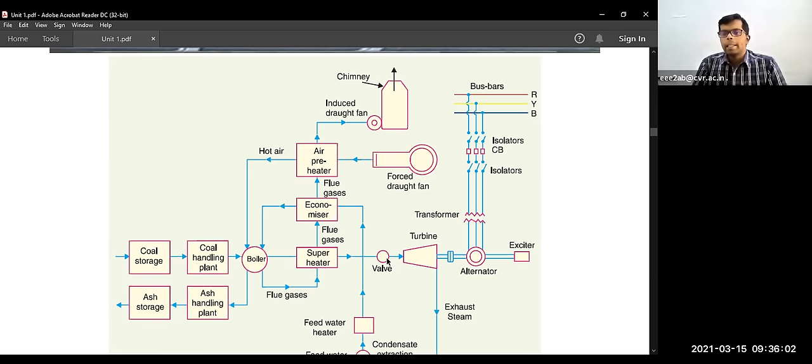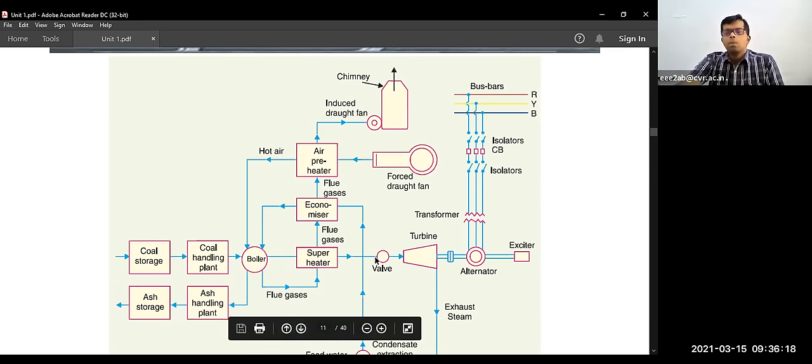Our demand is at the outlet, like the load on the bus. For example, say 1200 megawatt is the demand on the bus, but the whole plant may be able to generate only around 1000 megawatt. So 200 megawatt is the deficit.